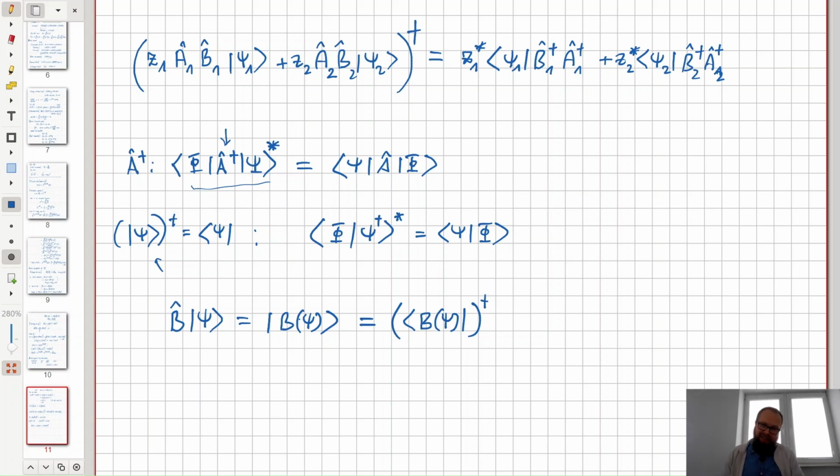On the other hand, you can write the inner product of B psi with phi like this, and from the definition of Hermitian conjugate, oh, there should be some star somewhere, I forgot about it.